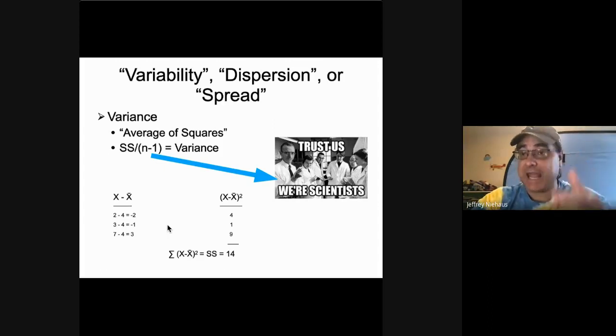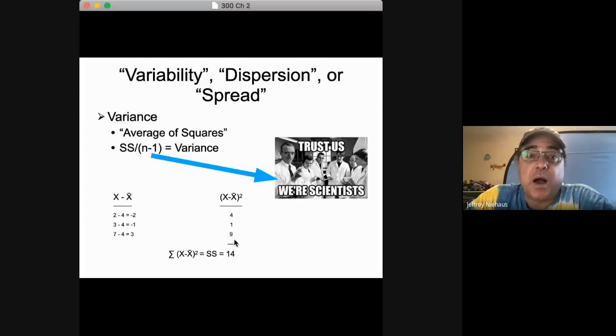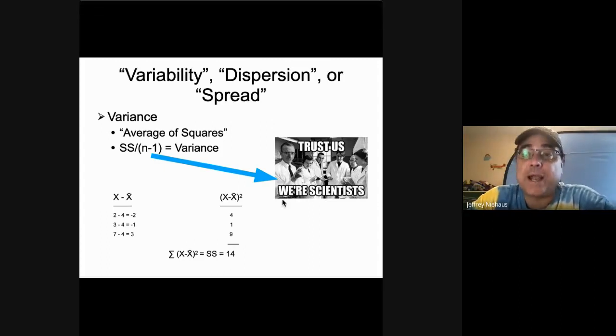If you just use n instead of n minus 1, you would systematically underestimate how much variability there is in the data set. Okay. I'm not exactly sure precisely why, but the correction for this process to give you the right answer at the end that is most useful is to slip an n minus 1 in there when you're going between sum of squares and variance, right?